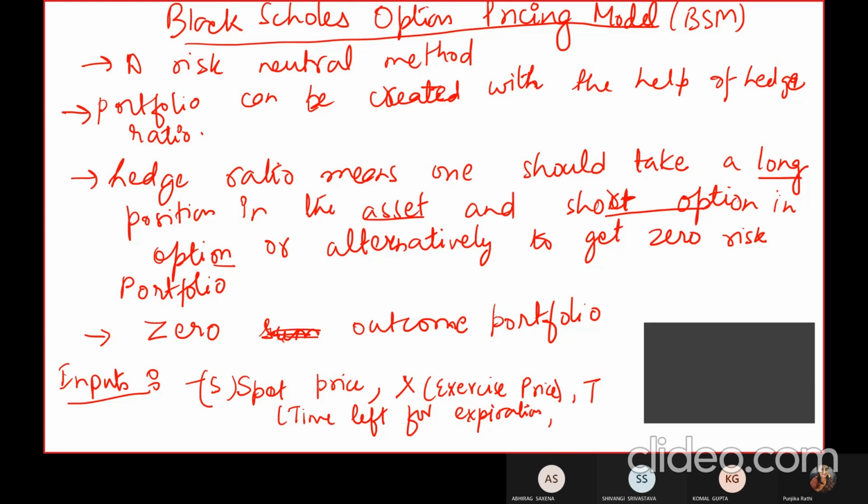And we need to know the variability in the price, variability or volatility in the price. Sigma is the variability in the price.